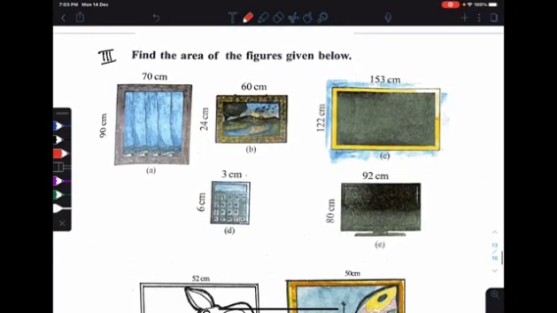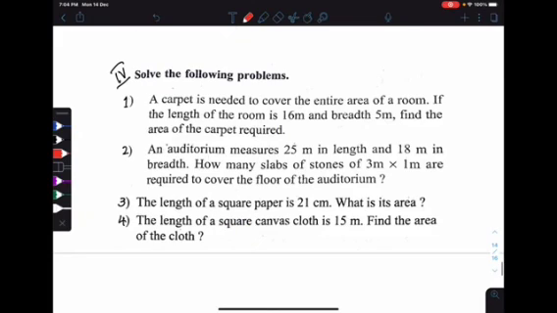Then the third main has few pictures, and the length and the breadth are given. You need to find the area of it. The fourth main has solve the following problems. These are statement problems which we have already dealt with, very much similar to those problems. Try all these all by yourself.